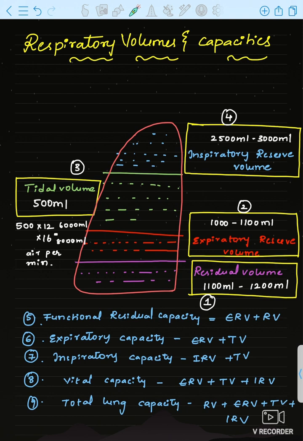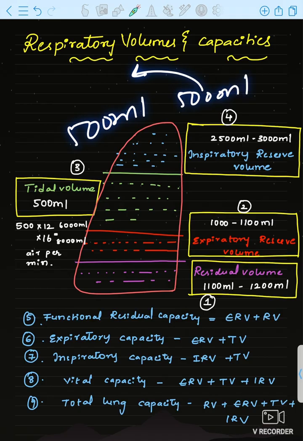Okay, so now this is tidal volume. Tidal volume means what? Normal inspiration you are doing, you are inhaling 500 ml and exhaling, expiration 500 ml, that is tidal volume.